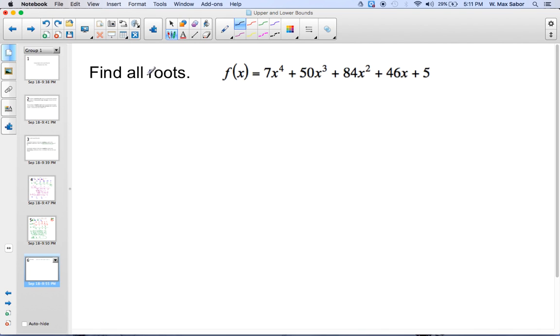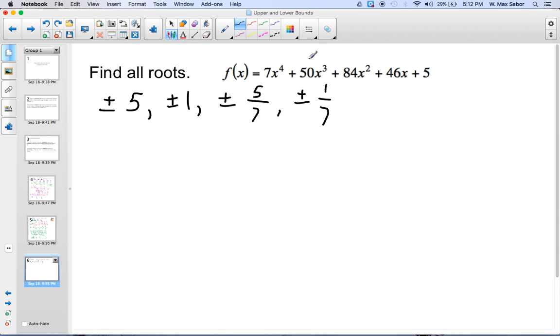Another example of finding all the roots of a quartic polynomial: we can find the possible rational roots, plus or minus 5, plus or minus 1, plus or minus 5/7, and plus or minus 1/7.